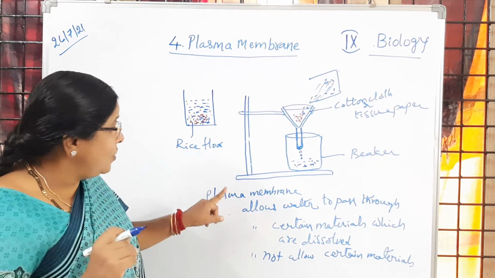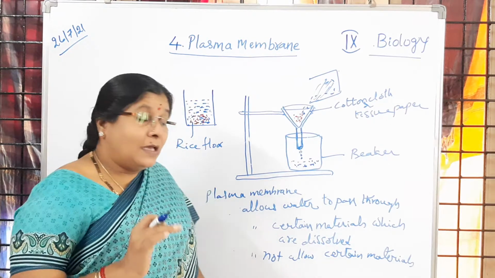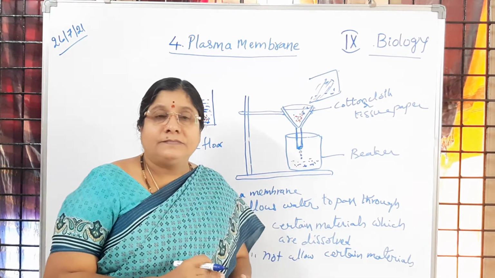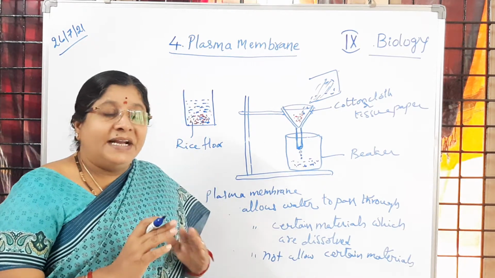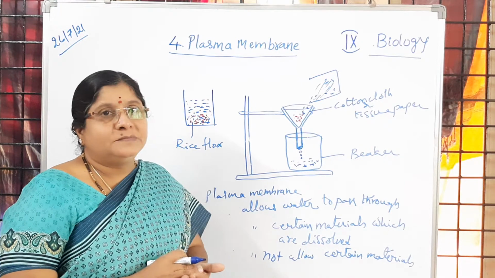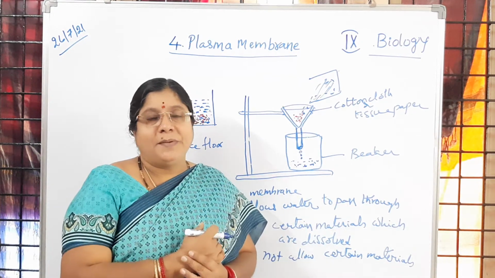Is it clear? So now the plasma membrane is allowing water to pass through, then allowing certain materials which are dissolved in the solvent. Then it is not allowing certain materials which are not at all dissolved, and needy materials are allowed through the plasma membrane.